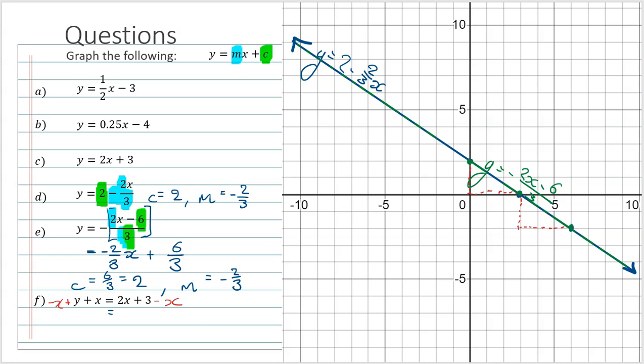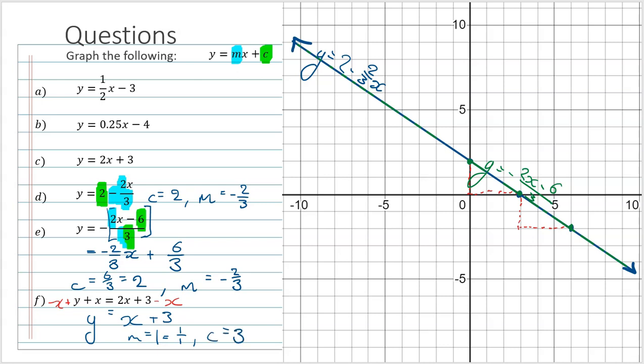Bringing that all together, the negative x plus x cancels, so we've got simply y equals 2x minus x. That's simply x plus 3. Thus, m equals 1, or 1 over 1, and then c equals 3.